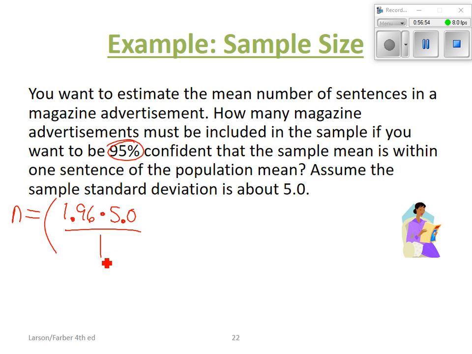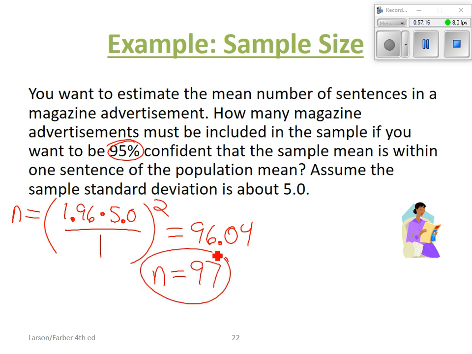1. And then that's squared. Somebody type all that into your calculator and tell me what you get. 96.04. What are we going to do with that? Make it what? Make it 97.